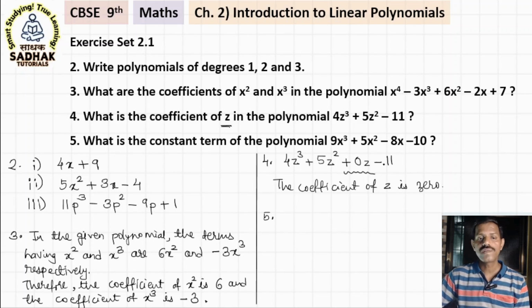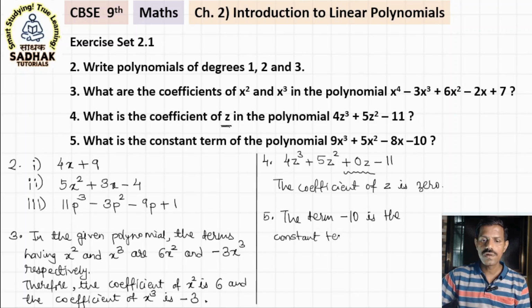So the term minus 10 is the constant term, as it does not have a variable with it.